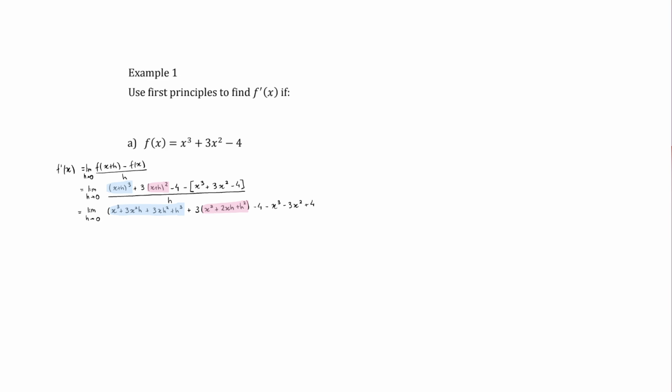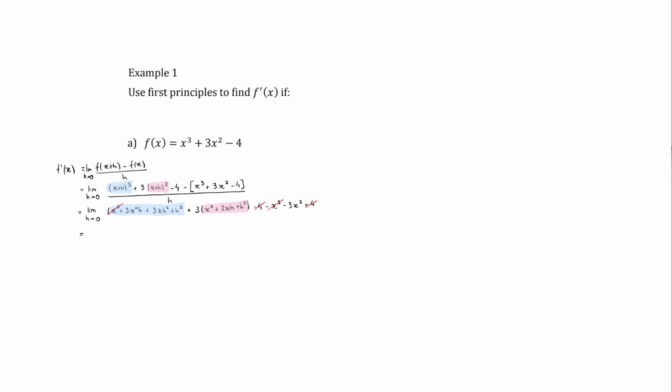And immediately here, I see that I am able to cancel a few things already. I'm going to be able to cancel out the x cubes and the 4s because I have both a positive and a negative copy of each. And with that, we keep simplifying.